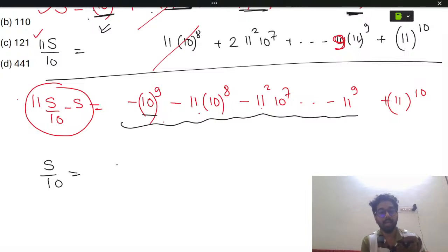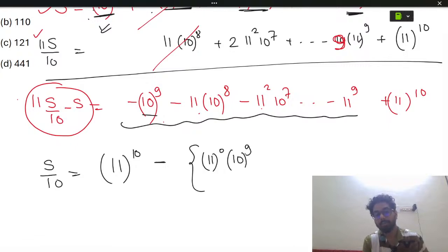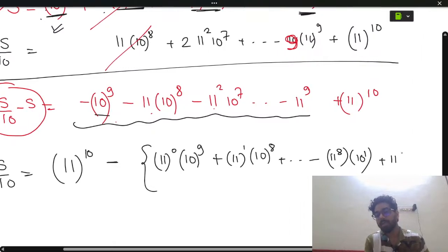Alright, so I will take minus sign common, and what you will have inside is 11 power 0 into 10 power 9 plus 11 power 1 into 10 power 8, and so on. We will have 11 power 8 into 10 power 1 plus 11 power 9 into 10 power 0.